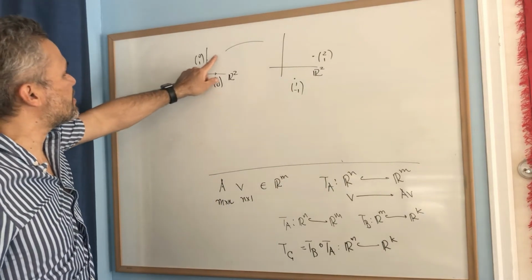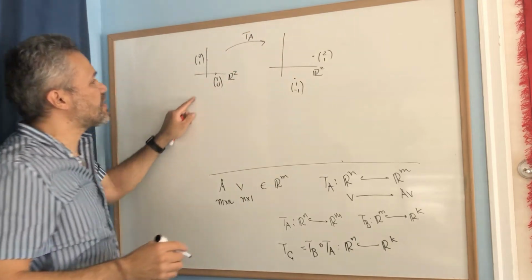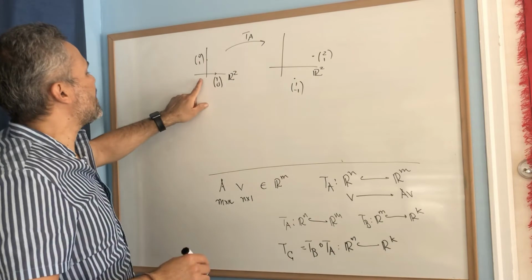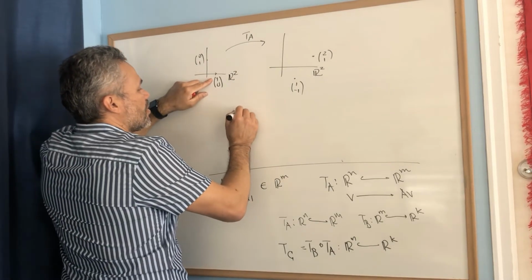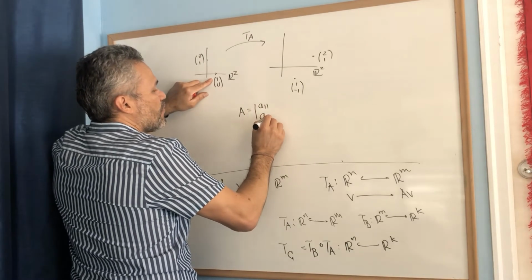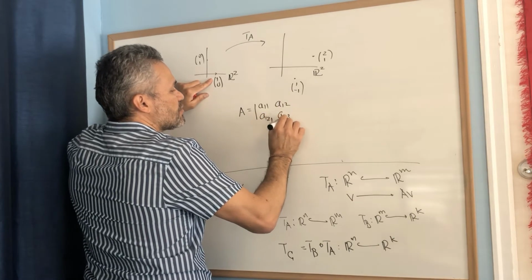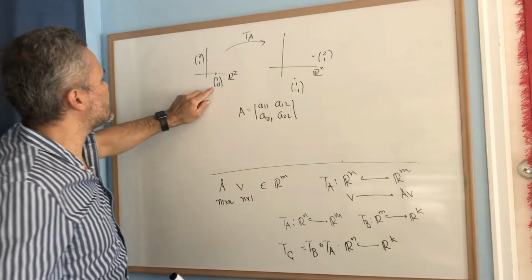If I know that this function is the T of a matrix, what is the matrix? This matrix has two columns, A11, A12, A21, and A22. And I know that it sends 1, 0.